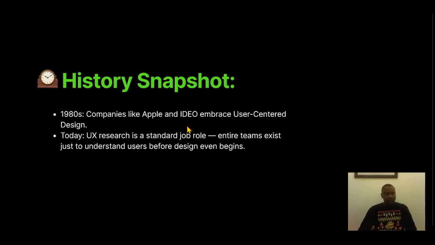Another one is, in today's world, UX research is a standard job role. An entire team exists just to understand users before design even begins. That is to say that UX research is very, very key. In the previous course, I made you understand that UX is the research phase, right?